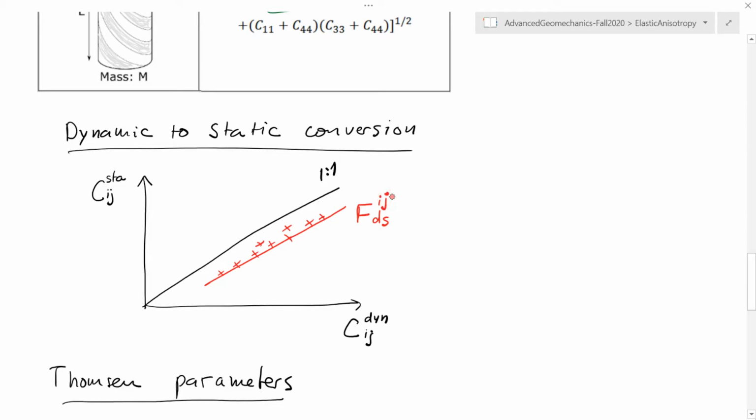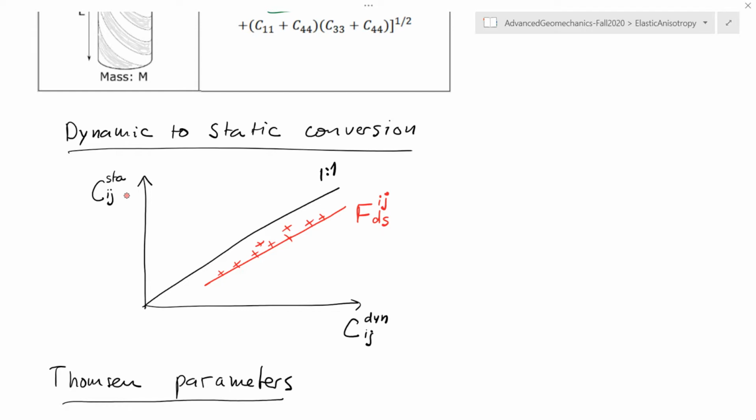So now there is not just one of these coefficients, but now you will have five. And at the end of the day, what we would like to do is to obtain all of these static coefficients to populate a model at the highest resolution possible around the wellbore or in a given formation. Okay.